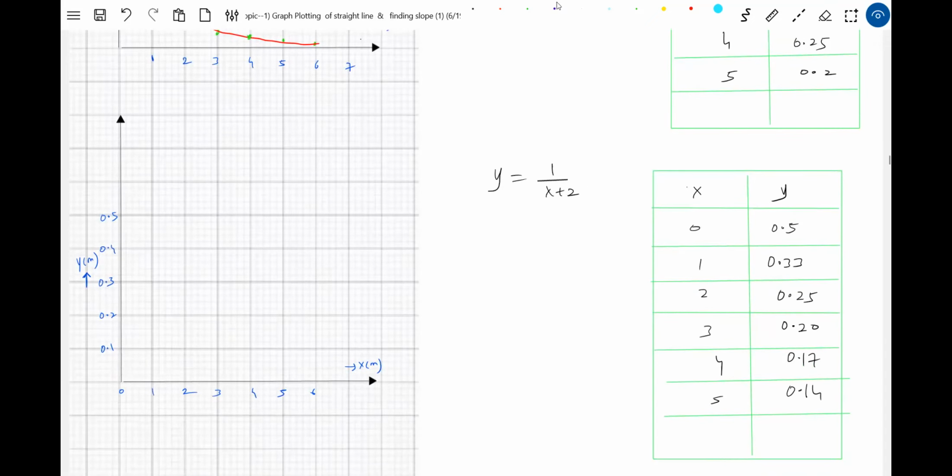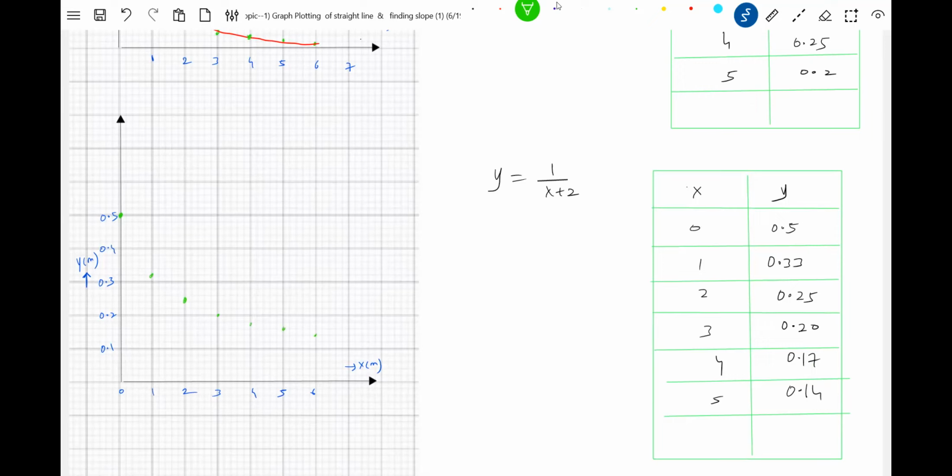One more we have, y equal to 1 by x plus 2. At x equal to 0, it will be 0.5. x equal to 1, it will be 0.33. x equal to 2, 0.25. x equal to 3, 0.2. x equal to 4, 0.17. x equal to 5, 0.14.